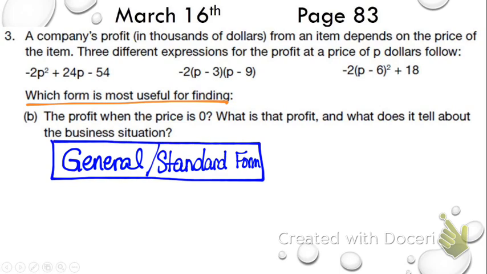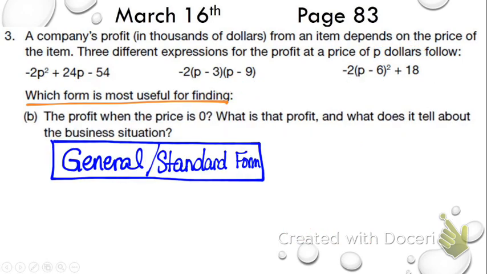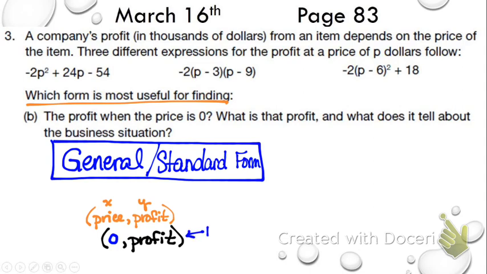Because that's when the price is set to 0. So I'm going to grab this ordered pair and move it over there. So if the price is 0, and then we have the profit over here, that's a y-intercept, right? And general form or standard form is what tells me my y-intercepts.